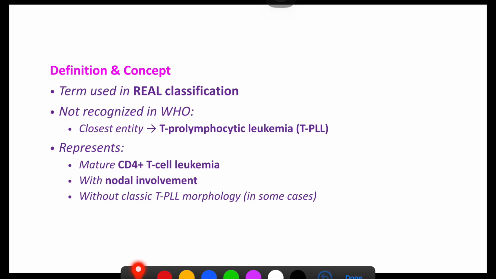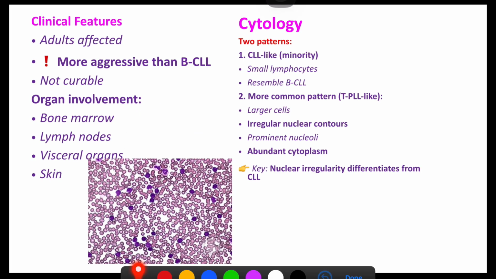Now, by definition, this term is used in REAL classification and it is the closest entity in WHO, which is T prolymphocytic leukemia, TPLL. It represents mature CD4 plus T cell leukemia with nodal involvement and without classic TPLL morphology in some cases.